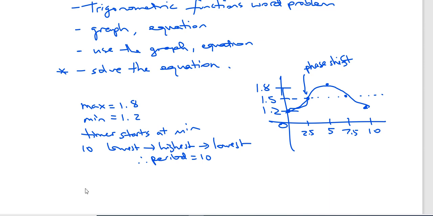This will be my phase shift. So y represents the height above the floor of the pool. And what do I need? I need an amplitude. I can see my amplitude is 0.3, the distance between the average and the max, or the average and the min. So 0.3 sine. Now I'm going to need a k value. Well, my period is 10, so k is 360 divided by 10, which is 36.